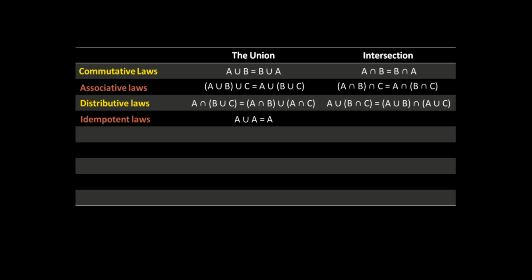Alright. Now we have the idempotent laws. Under the union column, we have the union of A and A is equal to A. Why is the union of A and A equal to A?